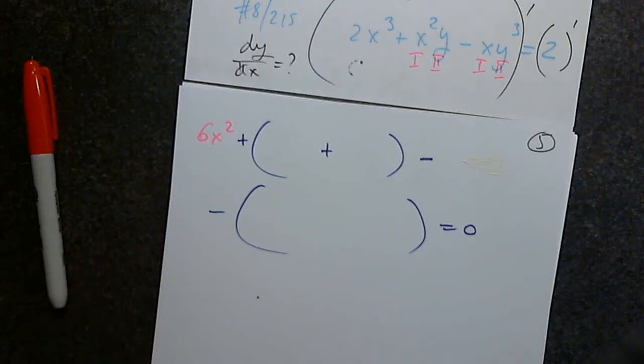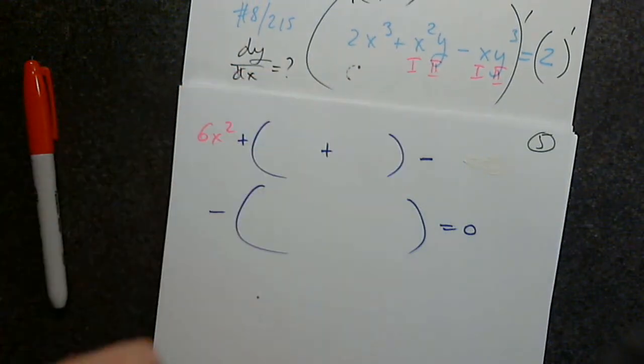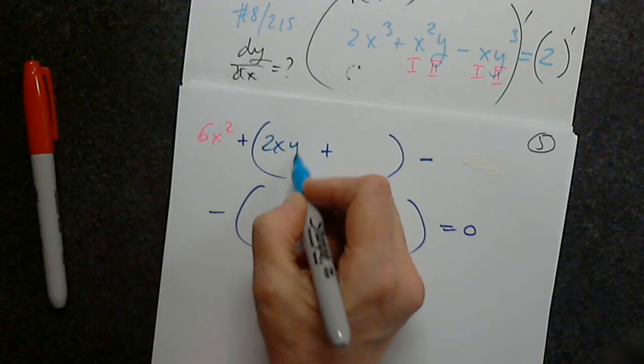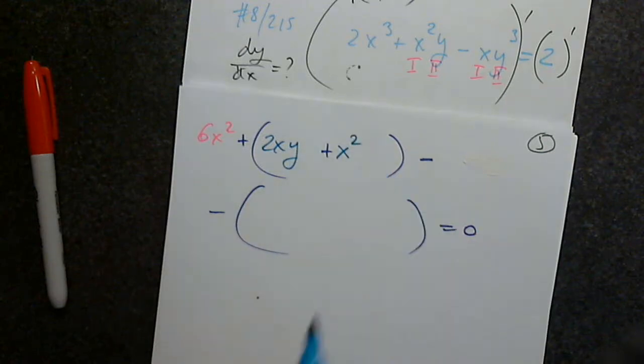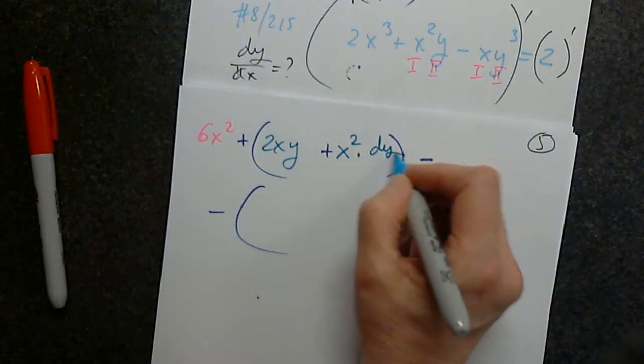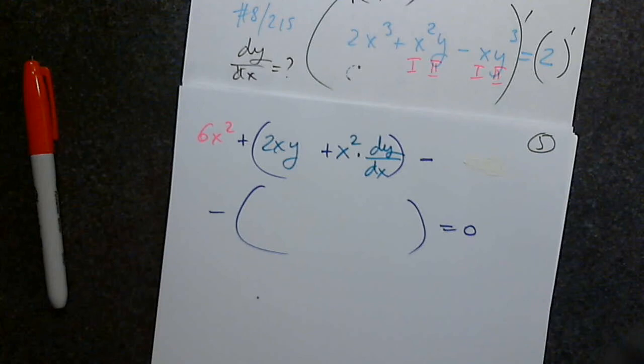So then, when I differentiate the first function, I get 2x times y, but then I get x squared times the derivative of y, which is, y prime, yes, but please write dy over dx.